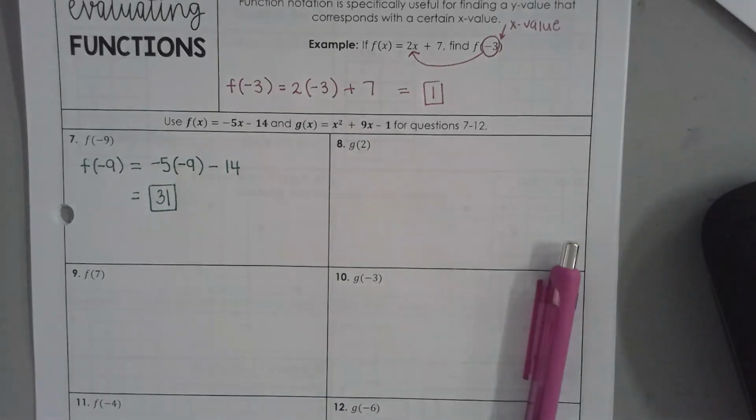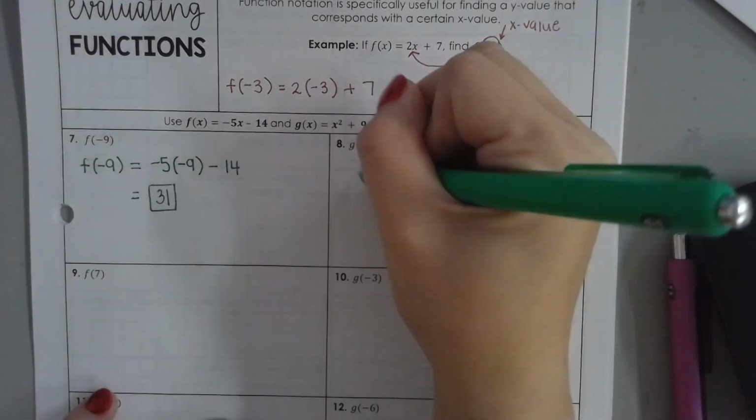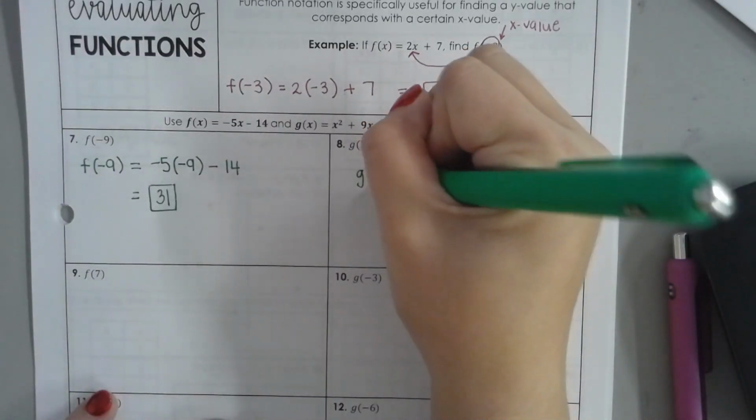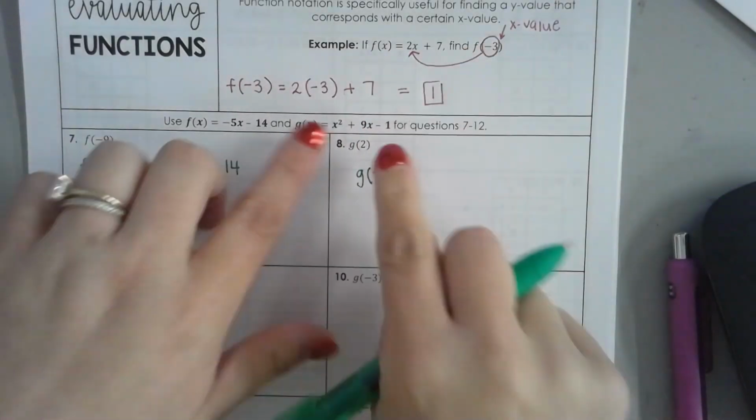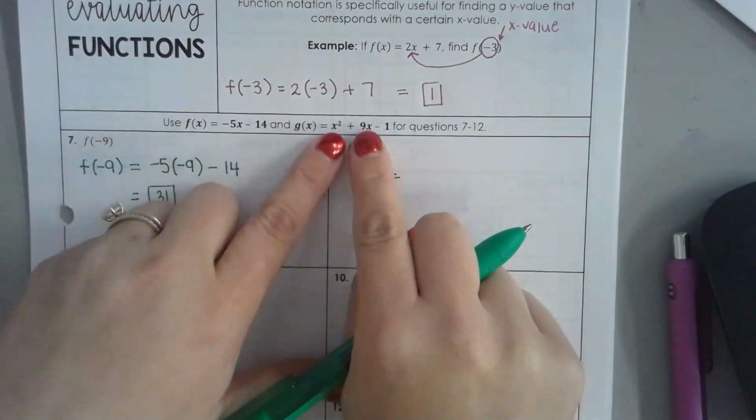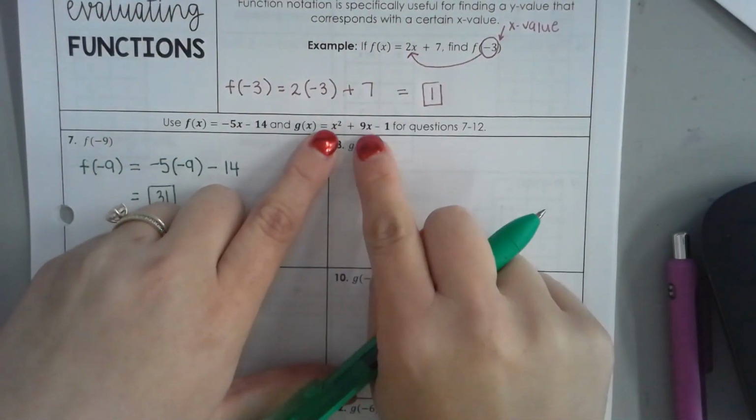All right, we'll do number 8 together. 8 says g of 2. So what's my x value? 2. Which function am I plugging it into, the first or the second? The second, because it's g. So g of 2 equals, I have an x here and I have an x there.